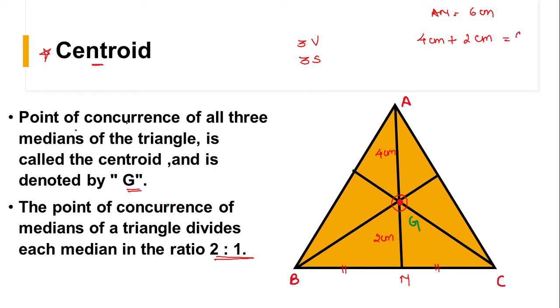If you add these, you get the total length of AM, that is 6 centimeter. And 2 centimeters doubled is 4 centimeters, so the ratio is 2:1. The centroid divides the median in the ratio 2:1. Very important property.